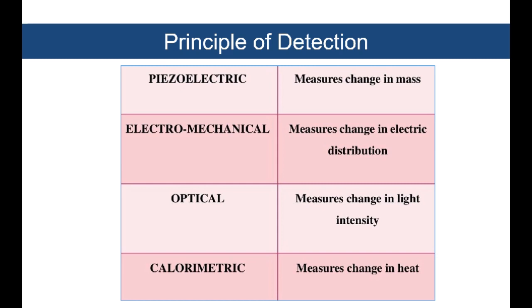Parallelly, if you want to measure the change in heat, then you have to use the calorimetric transducer. If you use a calorimetric transducer, then you can easily detect and measure the change in heat.